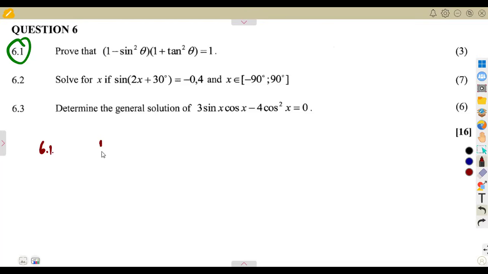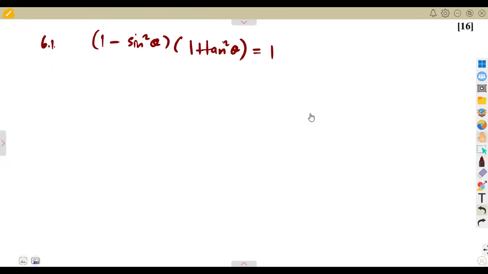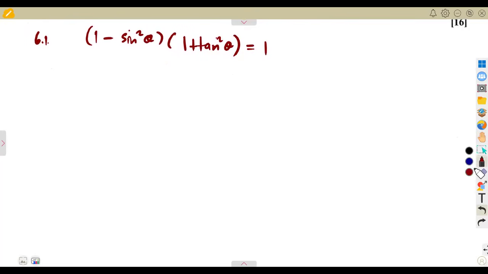6.1, we are given 1 minus sine squared theta in the bracket, then into the product, that is 1 plus tan squared theta, which is equal to 1. Let us consider that from our identities, remember, there are identities that we can use, which we can work from.